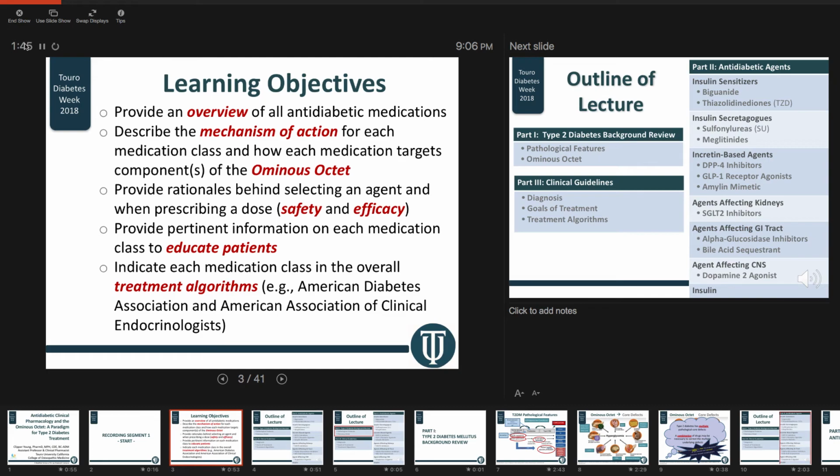Then share the important information with our patients. And also with all these drugs, how do they fit into the treatment algorithms? There are 2 big guidelines out there that we use in diabetes. They are American Diabetes Association guidelines and also American Association of Clinical Endocrinologists.